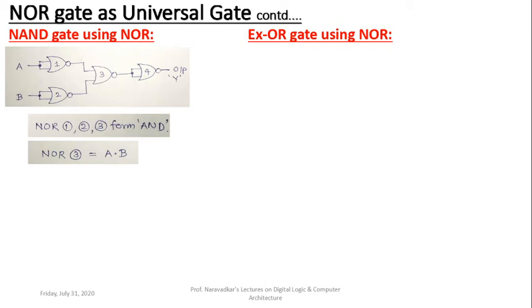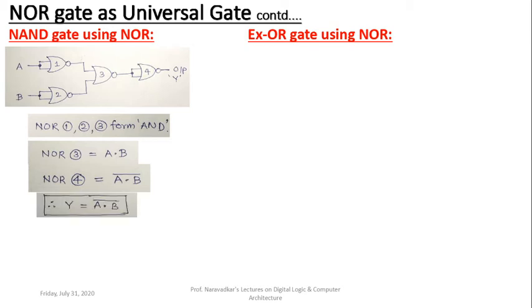That's why NOR gate 4 output will be AB the whole bar. You can say A dot B whole bar or simply AB bar. Both are right. And then finally we write that output Y is equal to AB the whole bar. So this is the design of the corresponding NAND gate and the equation we obtain at the bottom.